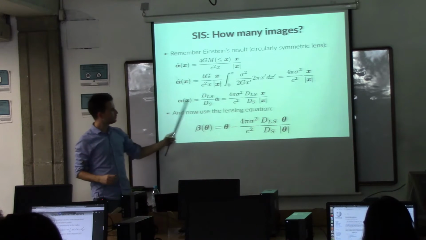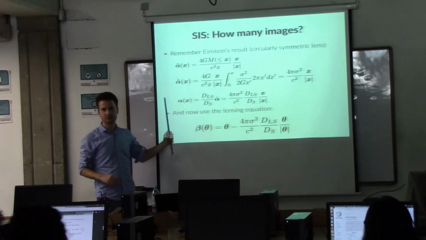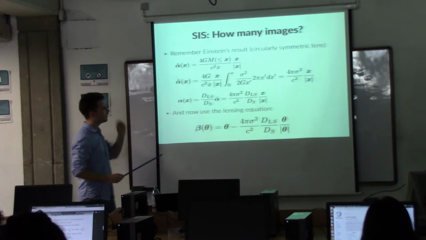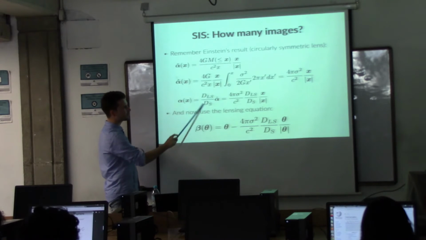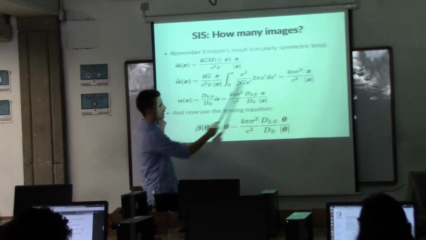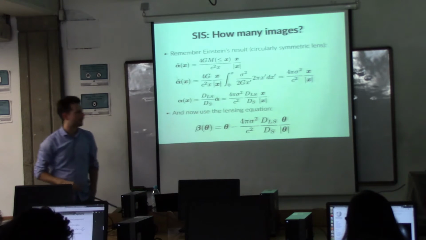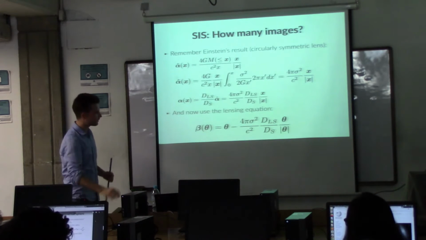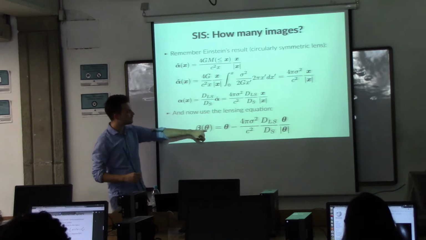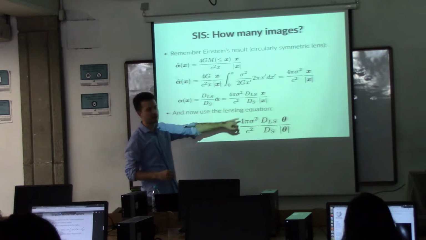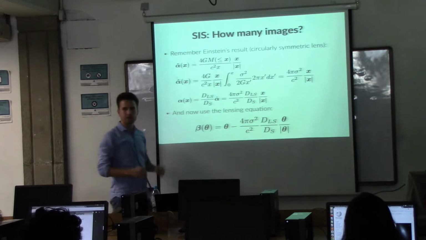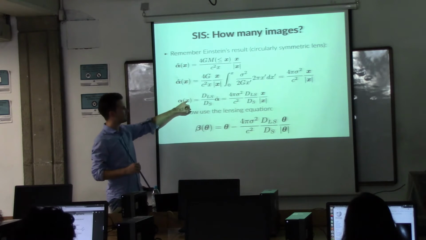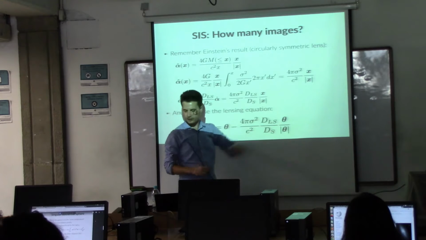And then we have the reduced deflection angle that enters the lensing equation. And this is just alpha hat scaled by the two distances. So you just multiply this through. And then we saw yesterday that the basic lensing equation is beta of theta equals theta minus alpha of theta. And you can basically substitute this here, where I took the liberty of replacing x with theta.